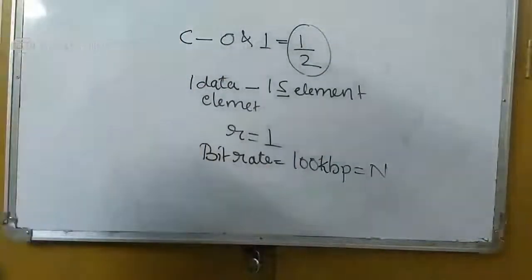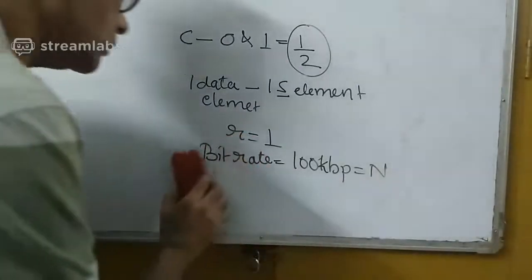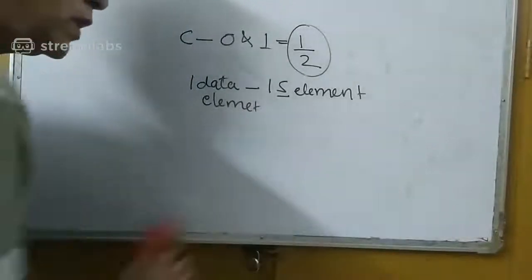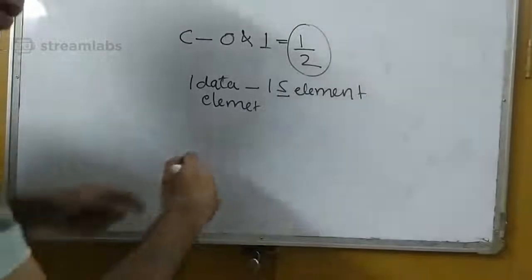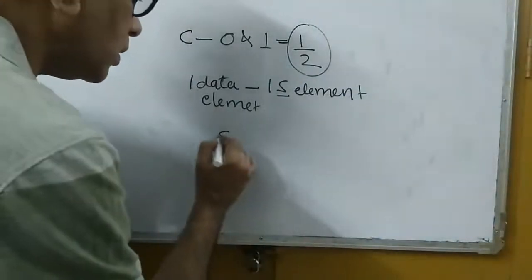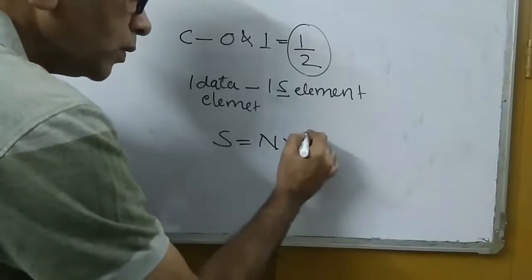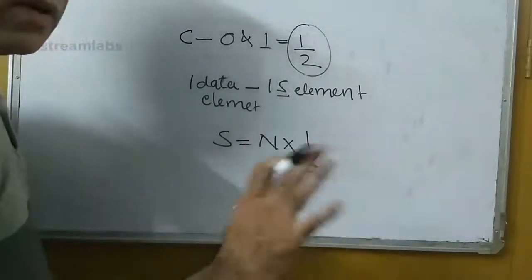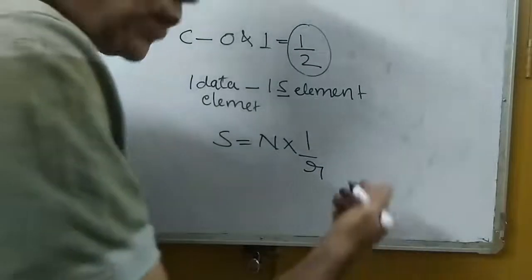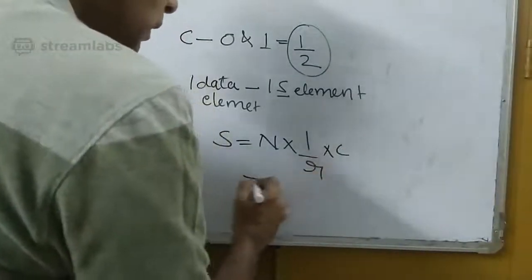I'll use the same formula that we have discussed previously, for digital to analog conversion, where the case factor C I had not taken; normally we assume it as 1. So this is C.